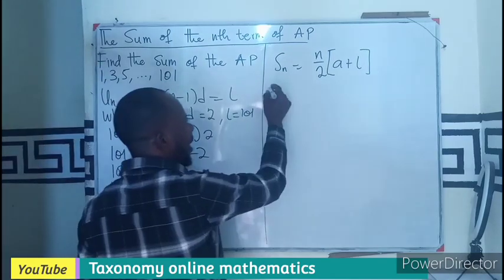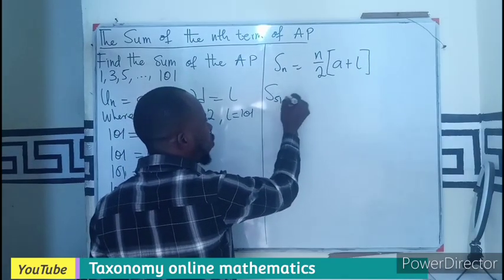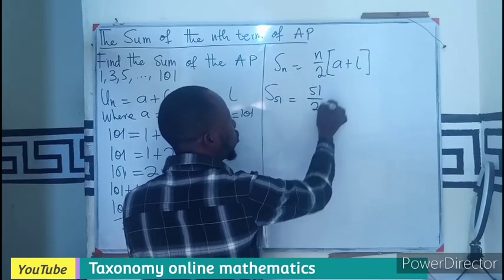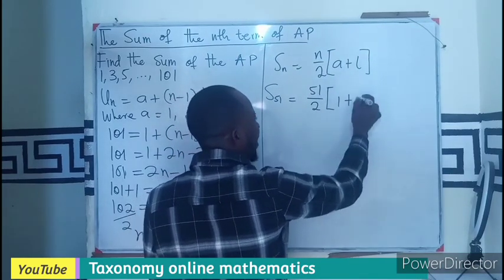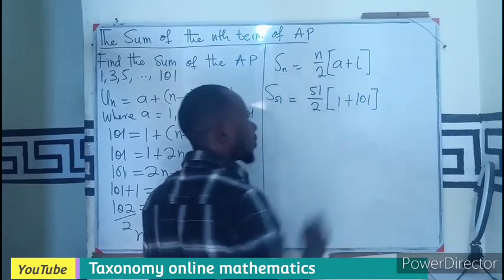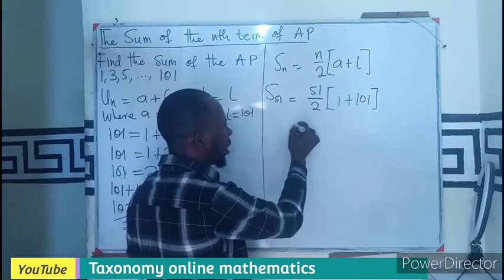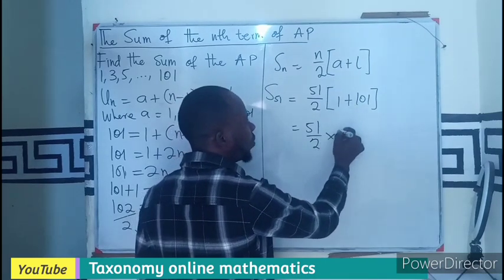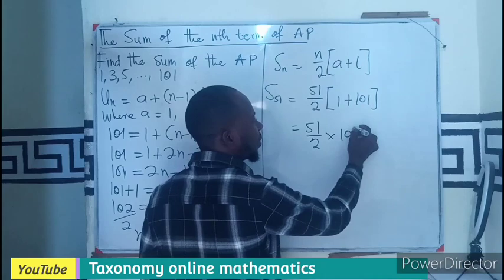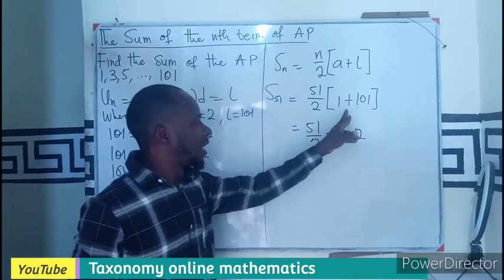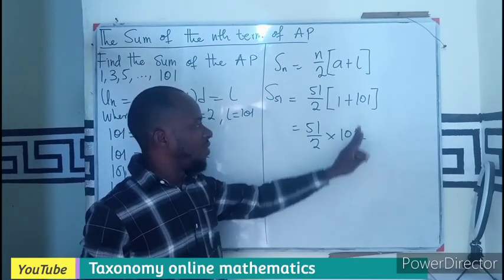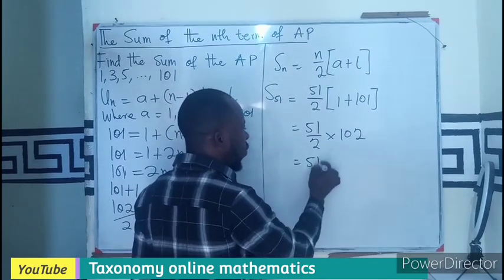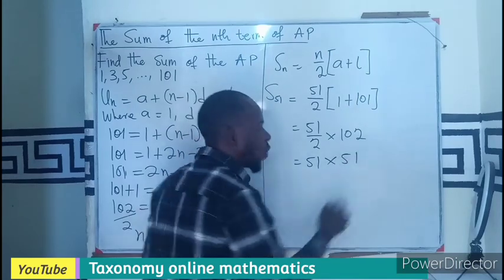Now the sum of all the 51 terms is going to be 51 over 2 multiplying 1 plus the last term, 101. Fast forward, 51 over 2 times this is going to be 102, as in adding this to this, we have 102, where the 2 can also go there to give us 51 times 51.